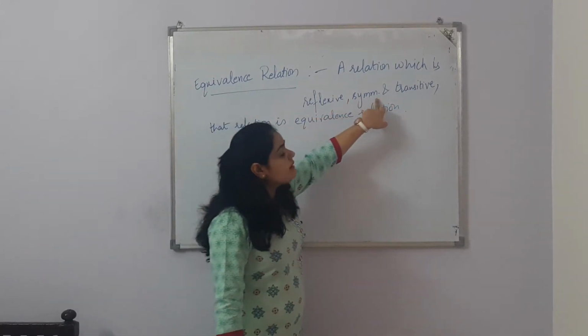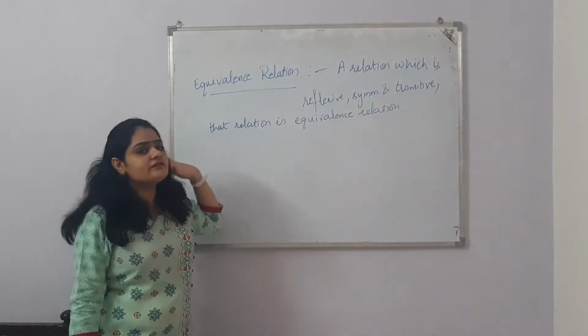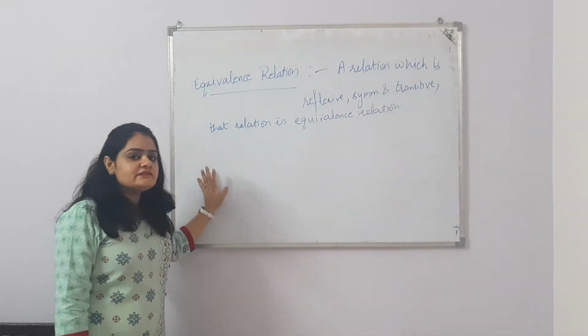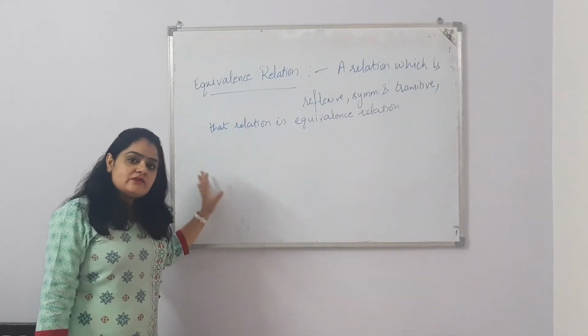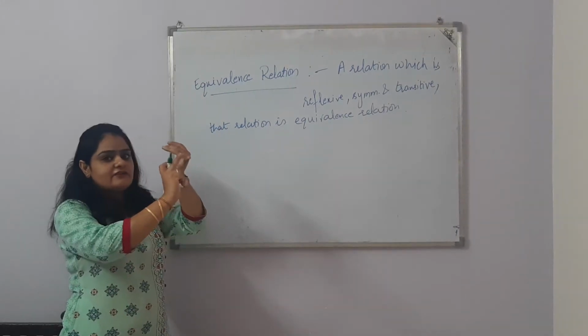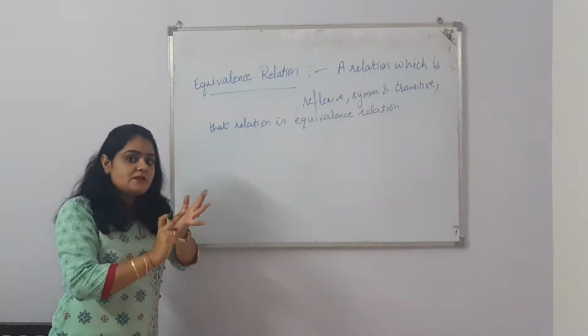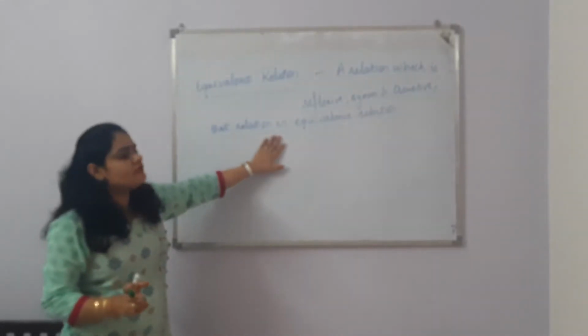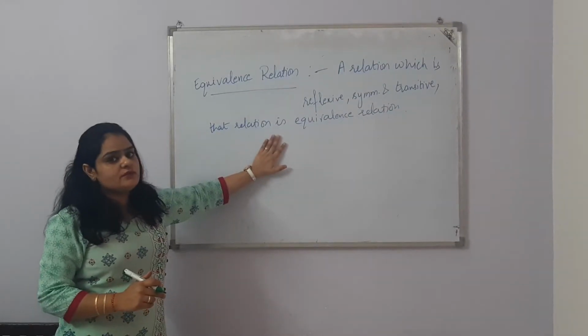If a relation is symmetric and transitive but not reflexive, we cannot say it is an equivalence relation. An equivalence relation proves all three conditions: reflexive, symmetric and transitive. Only then can we say it is an equivalence relation.